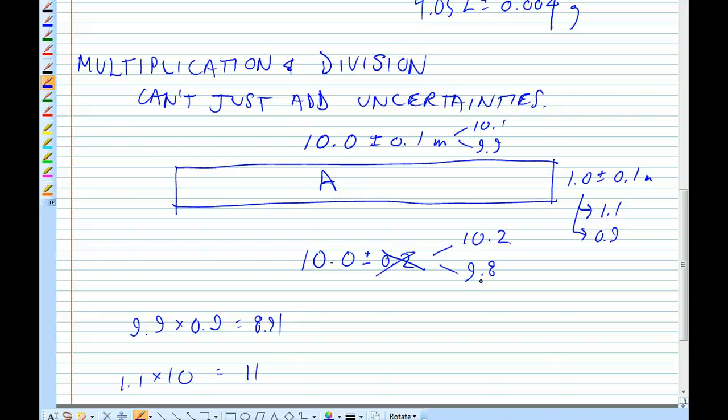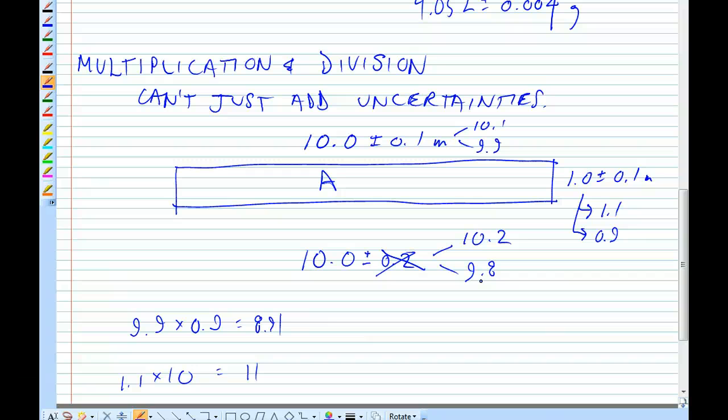So how do we get around this? We still add the uncertainties, but we add them as percentages. See, because here's what's going on. Notice, maybe I'm using the same ruler to do the length and width, and so my uncertainty is 0.1 both times. See that?